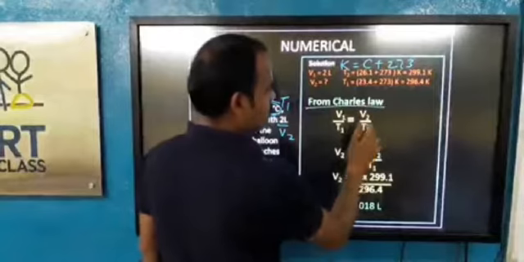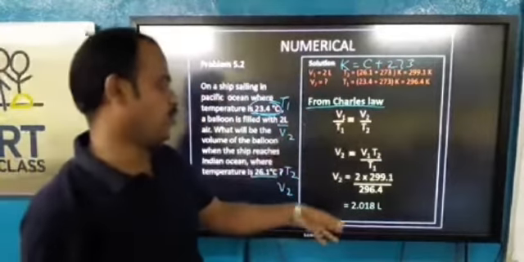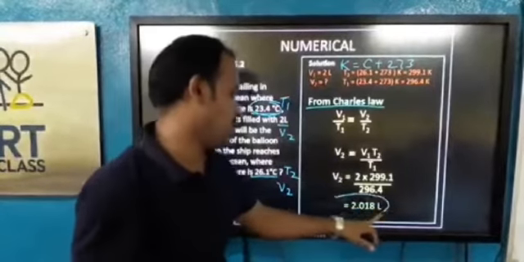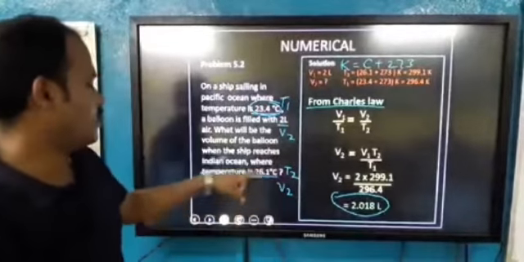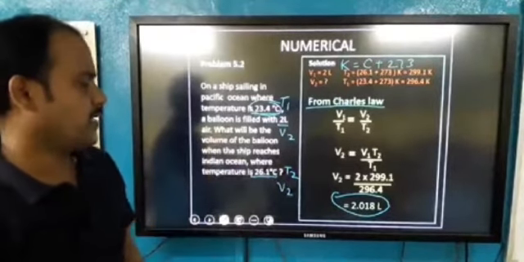Then from Charles law, we know V1 by T1 is equal to V2 by T2. Put values, find the answer. This will be the new volume of the balloon when the ship reaches the Indian Ocean.